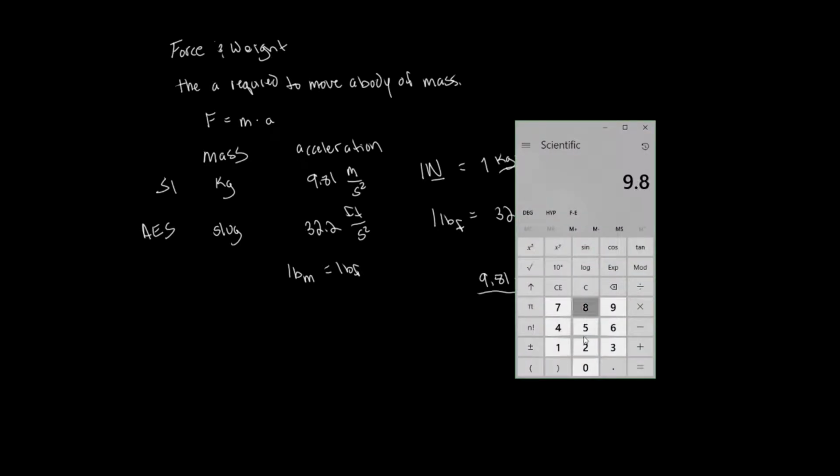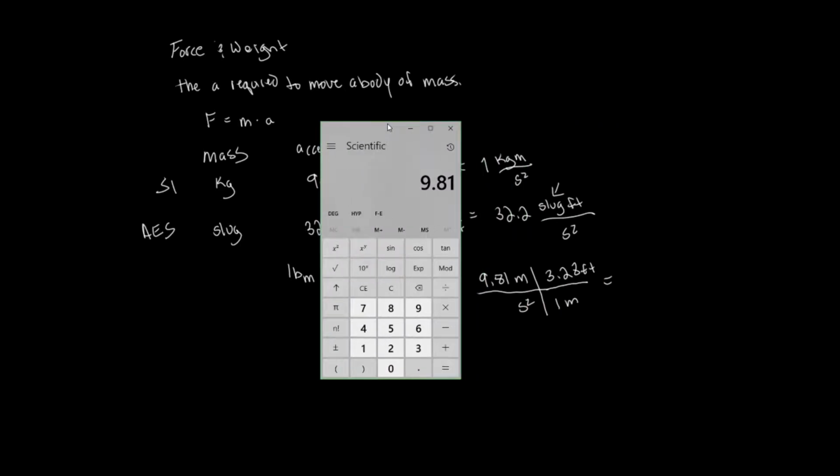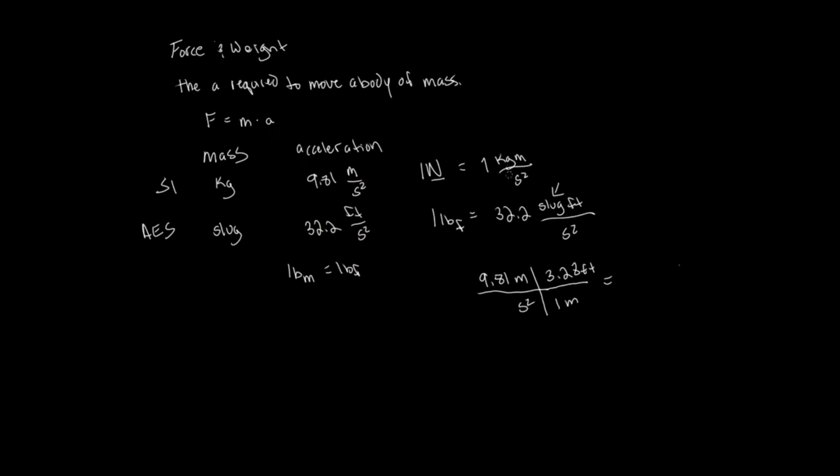I'm going to do 9.81 times 3.28, 32.17, or 32.2 feet per second squared.